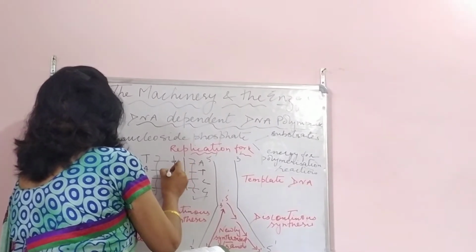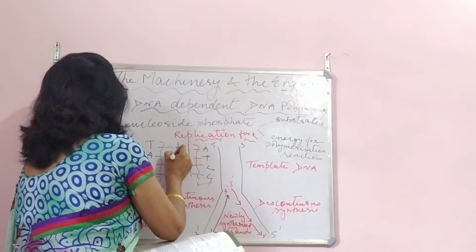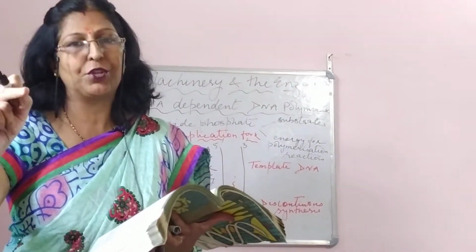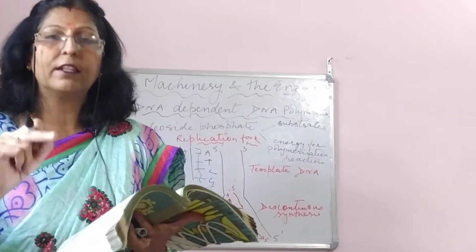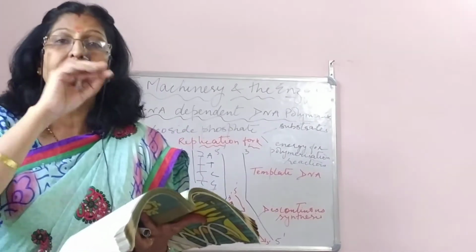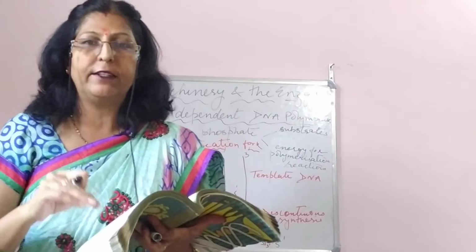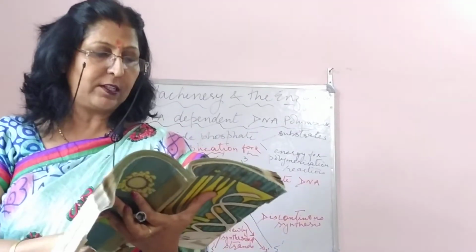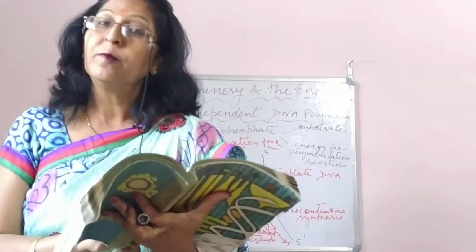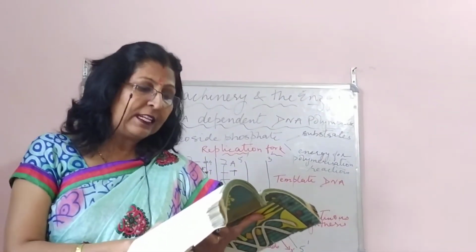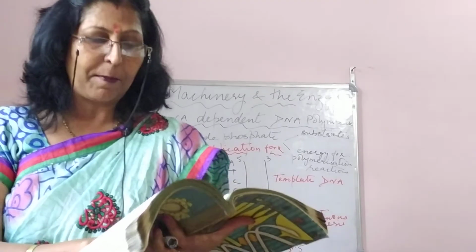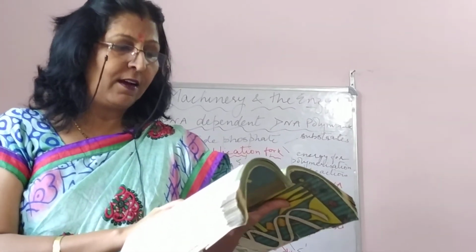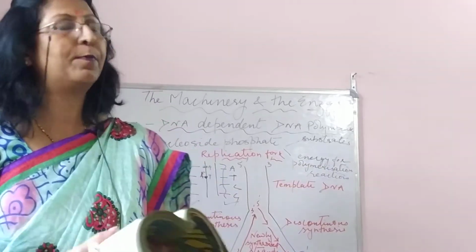And if by chance, instead of T, A comes, that A goes with A, then that will be a mutation. That will be a change. Got it? So it has to form the pair of nucleotides very accurately. The purine and pyrimidine pairing has to be exact. That is what it says, that a high degree of accuracy is required. Any mistake which occurs during this replication would result in mutation, as I told you.